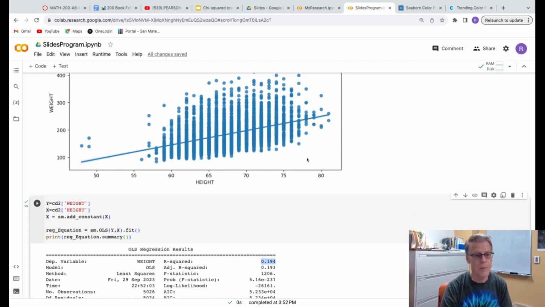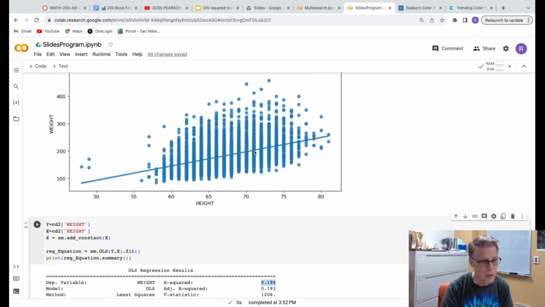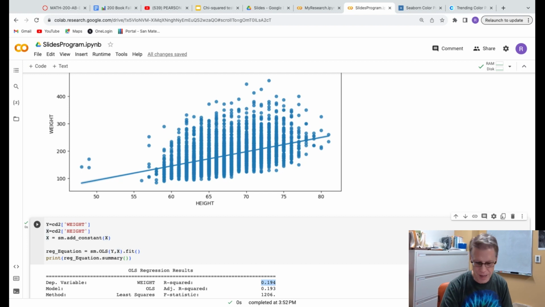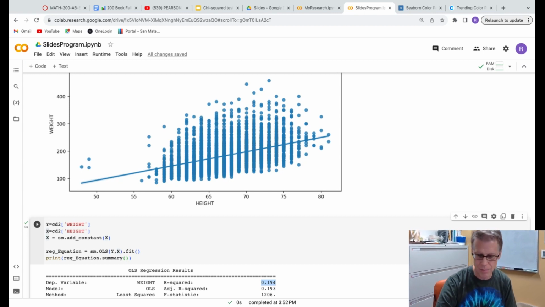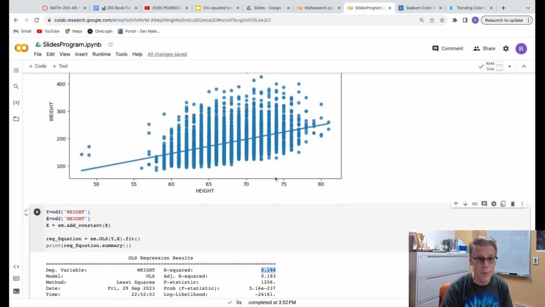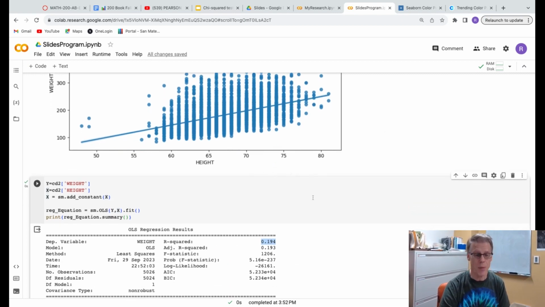If you're actually going to use your regression line to make a prediction, like if you're trying to predict the weather or what the global temperature is going to be in 2050, if things keep going the way they are, you want an R squared bigger than just 0.194, right? But we're going to use this just for practice.